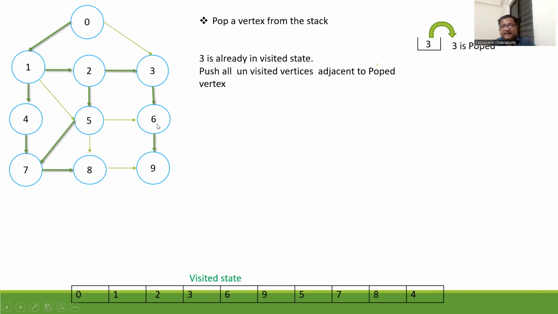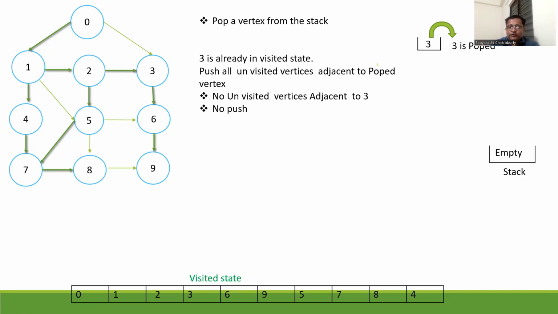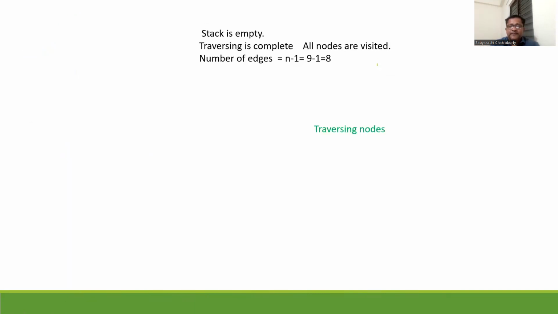That is 6, the only descendant adjacent. 6 is also visited, so there is no more push. 3 is popped out, and all unvisited vertices adjacent to the popped vertex: there are no unvisited vertices adjacent to 3. So no push. The stack will be empty.